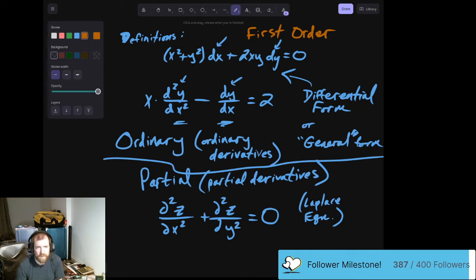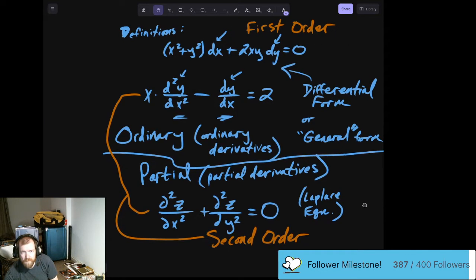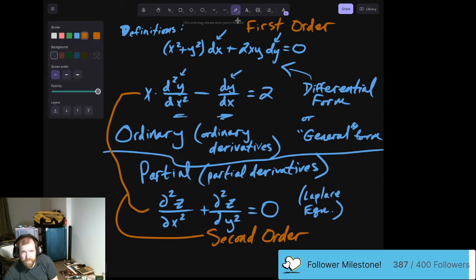On the other hand, these two here are of the second order. Alright, so those are of the second order because we've taken two derivatives in each of those equations.